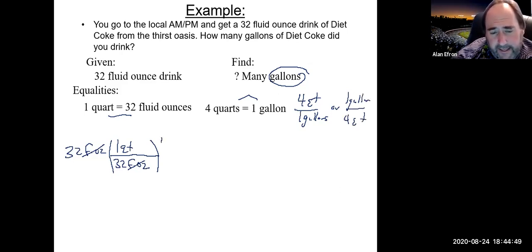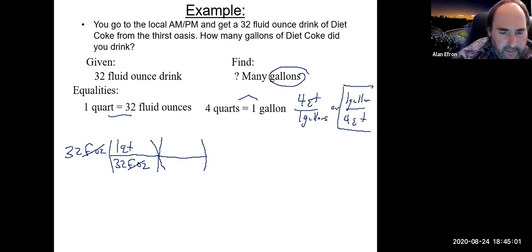Again, you could get an answer, or you could continue on with the calculation. I'm going to continue on with the calculation. Quarts again are on top, but we want to get rid of it, so we want to go opposite. We will use the one where quarts are on the bottom so that they cancel. Quarts cancel here, leaving us with just gallons.